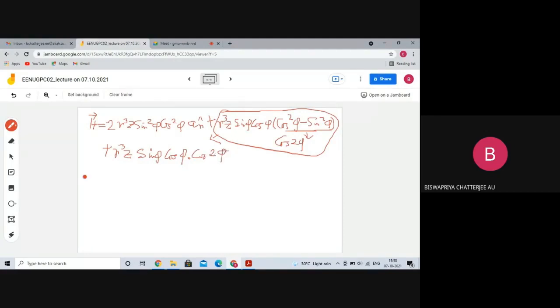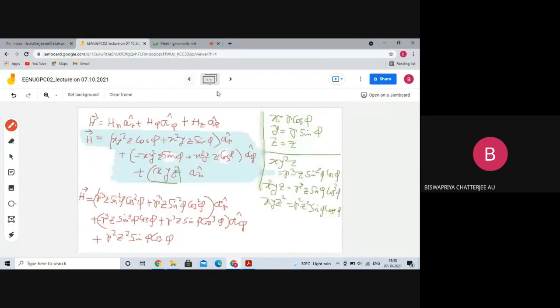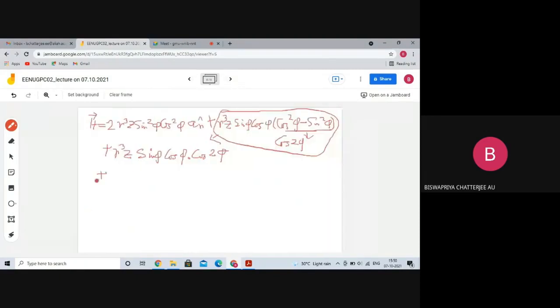This is the explanation, and the final term would be r square z square sine phi cos phi. So this is the solution of H in the cylindrical system.